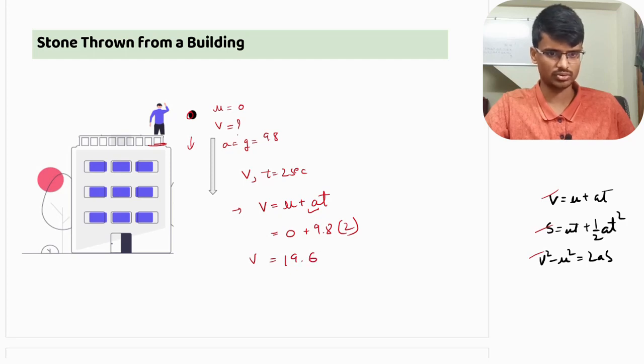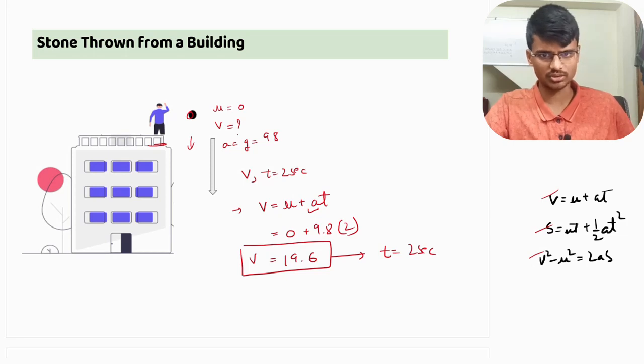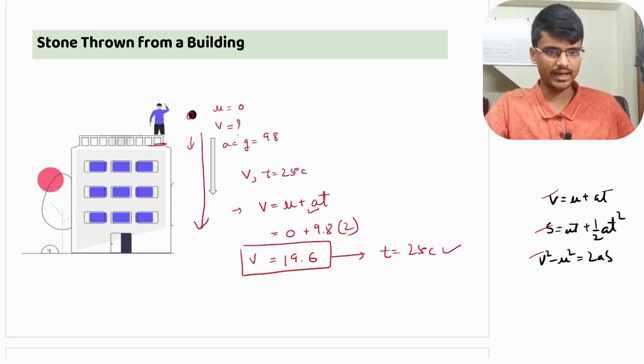So this is the velocity at time t equal to 2 seconds. The velocity is changing throughout the journey, but at t equal to 2 seconds, the velocity is 19.6 meters per second. So using laws of motion, we were able to find this out.